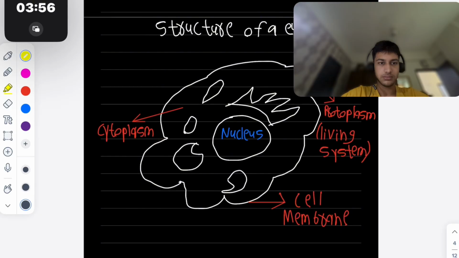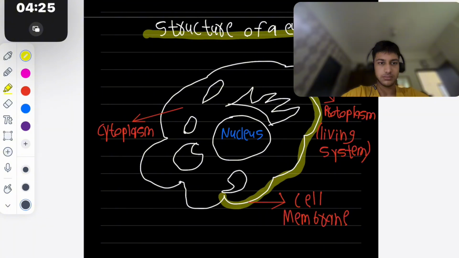Alright, now we have the structure of the eukaryotic cell. So this is the entire structure that we have. These small structures that we can see can be anything, like this can be a mitochondria. First we will tell you that this entire membrane is called the cell membrane.